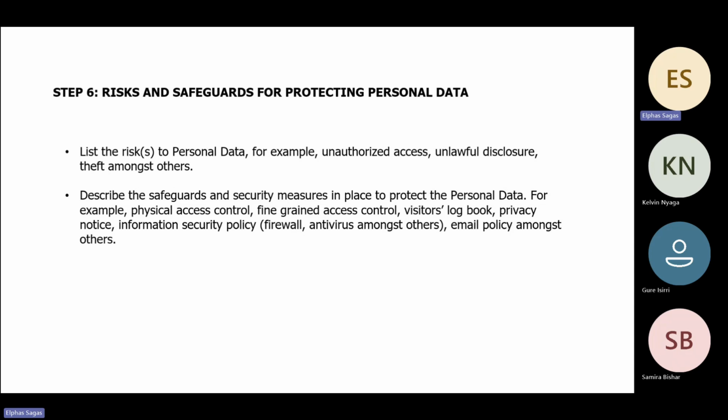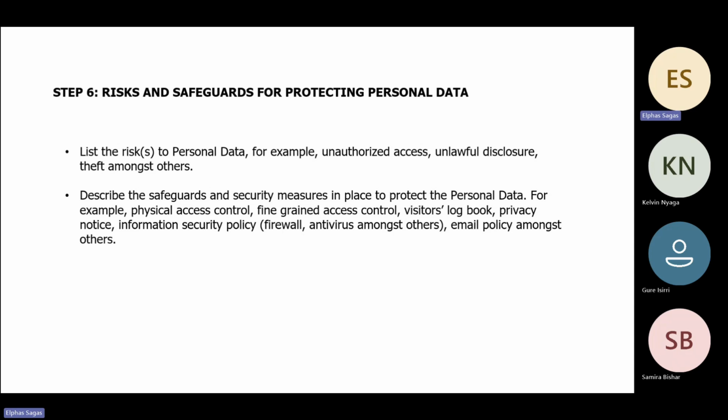So once you've identified the first risk, there is another button on top of the right-hand corner. You add another risk. You click on it. You'll be given a space. You go to the drop-down menu, similar to the first one that you did. You pick the second risk that you're likely to face. And then you give the mitigation measures. And in your mitigation measures, be careful to give both technical measures and organizational measures.